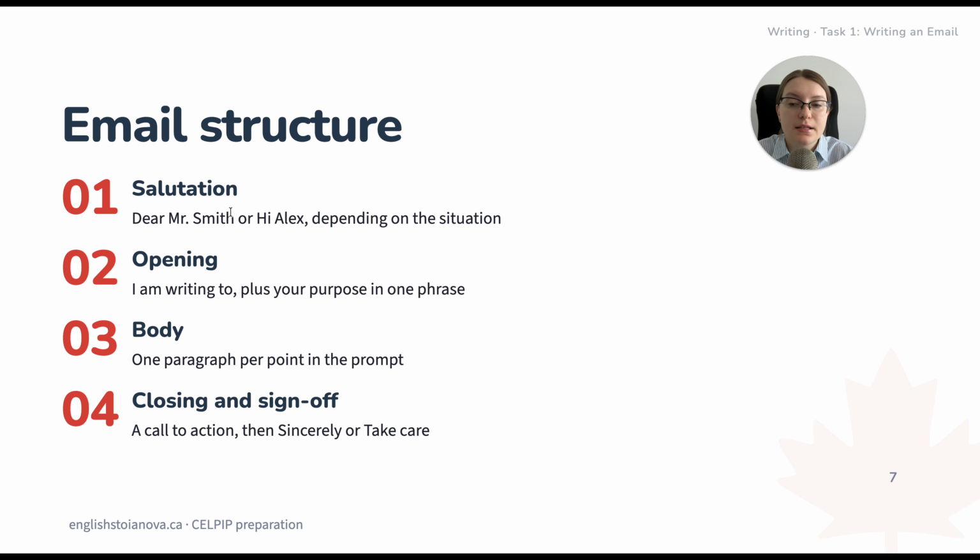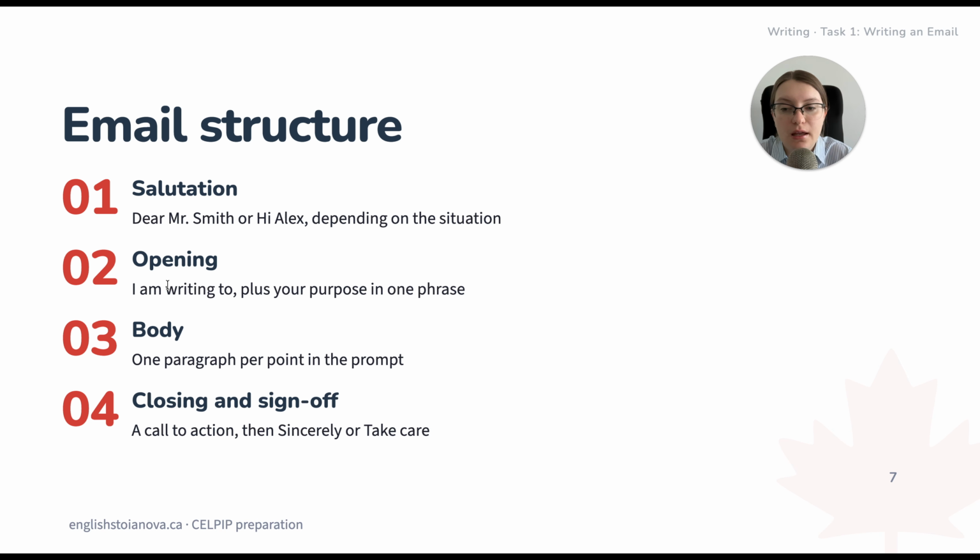Sometimes they give you last names or names, but sometimes if you don't know, you just write, dear sir or madam. It's a standard form, dear sir or madam, comma. If it's informal or semi-formal, let's say you're writing to your friend, then hi Alex would do. But in most cases, you need dear Mr. or dear Ms. and then last name and then comma.